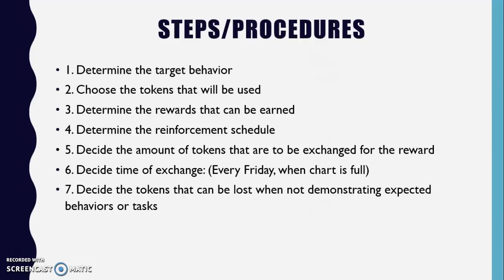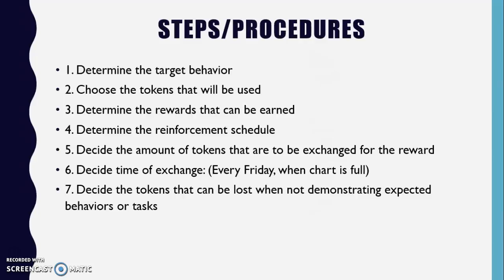So number 4, determine the reinforcement schedule. And this really just goes with how you as a specific teacher need to do this. So as I said, we need to be decreasing the frequency of giving these rewards while trying to increase the number of times the student is exhibiting expected behaviors.